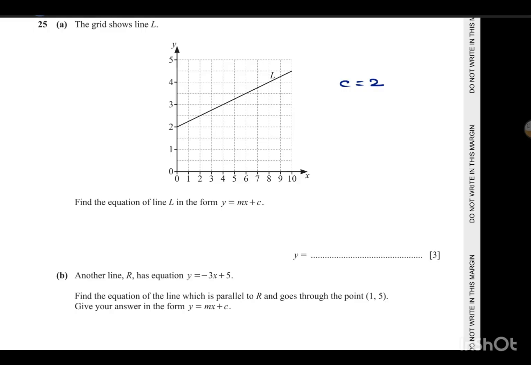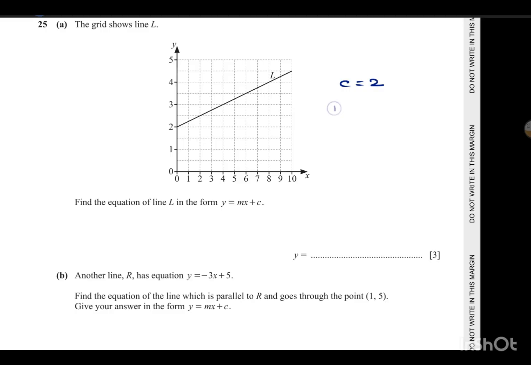Now to find the gradient you have to check how the line is moving. You see here that the change in y is one box and the change in x is two boxes. So it's going upwards one box, two box. What is one box value here? It is 0.5. So it is going up 0.5 and two boxes going right.